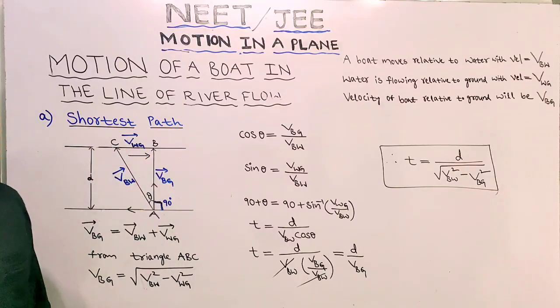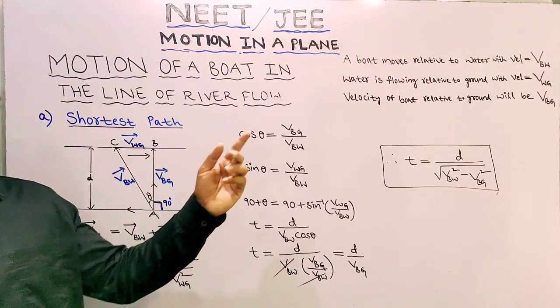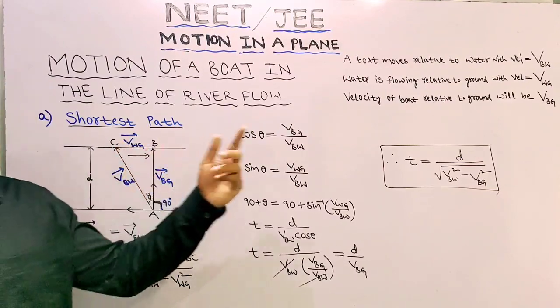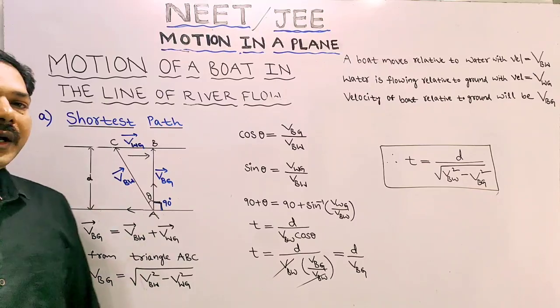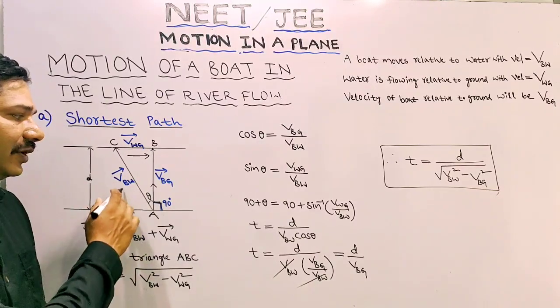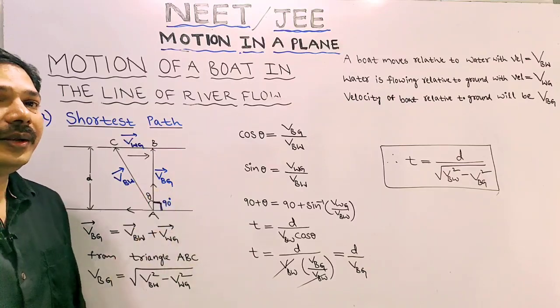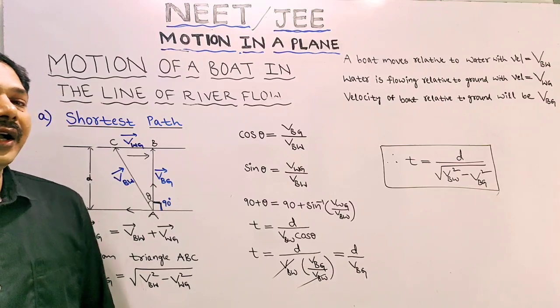We already know that VWG is the water velocity with respect to the ground, VBW is the boat velocity with respect to the water, and VBG is the boat velocity with respect to the ground.